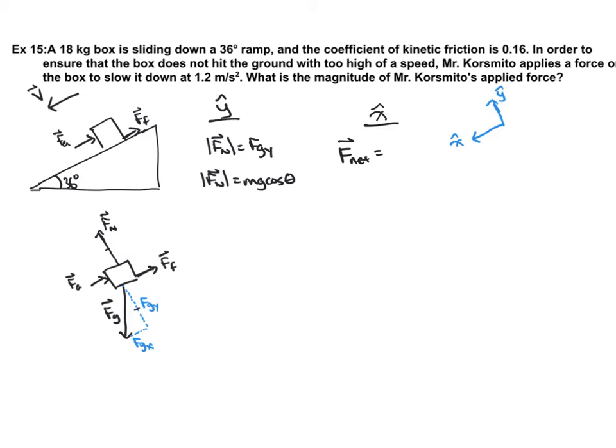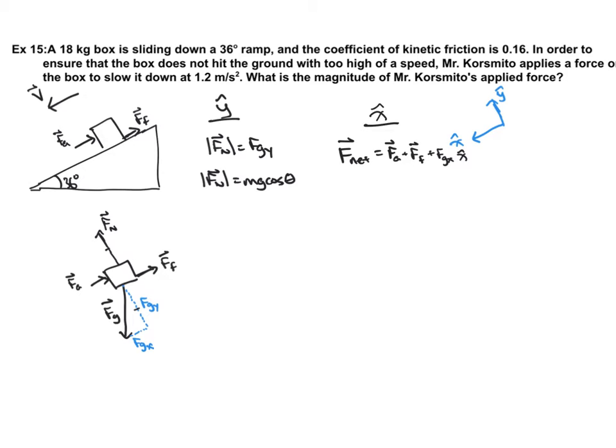Well, okay, I'm changing my mind. Instead of using magnitudes, maybe I'll use pure vector notation here. So the net force is the sum of all the vectors. I'm working with the x direction here. Sum means add, so applied force plus the frictional force plus the x component of gravity, which is FGX, which is in the x direction.